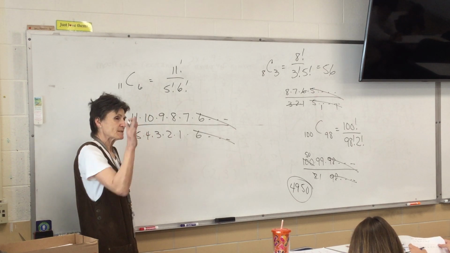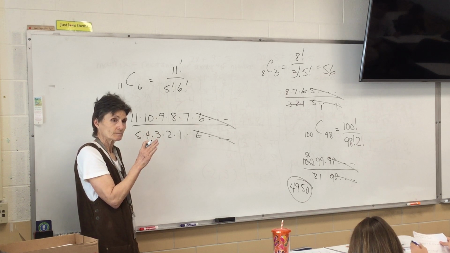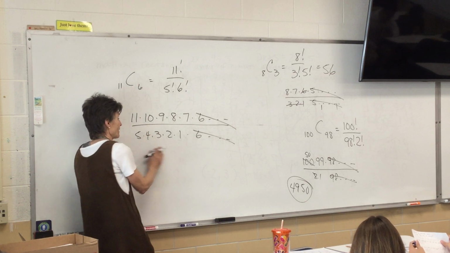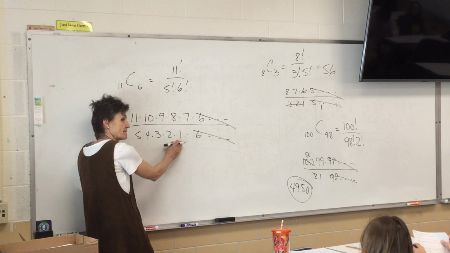Did you get everything from the 6s on to cancel? Yeah. But you still have a 5 factorial left in the bottom, so you still have all this left in the bottom.